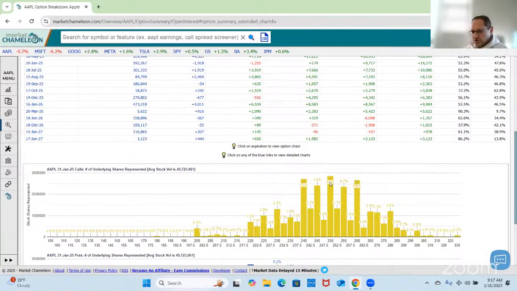But if you have a cluster of strikes that are close together, let's say the 250, 252, 255, even if those 2, 3, maybe 4 strikes very closely clustered together represent a big percentage of the average daily volume, they're in the money.